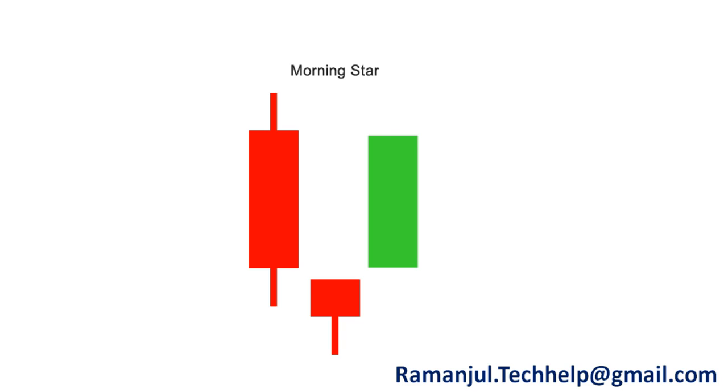This middle candle we can call a star or a doji. It can appear in red or green color, but most of the time it will appear in red.